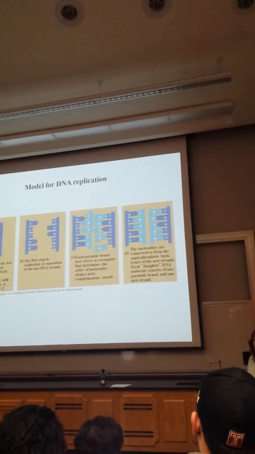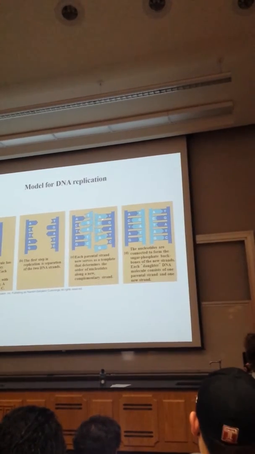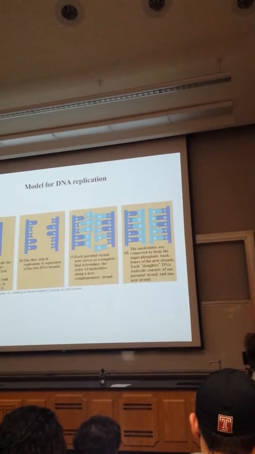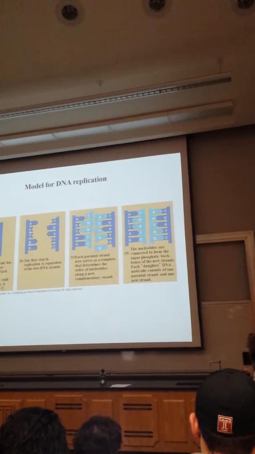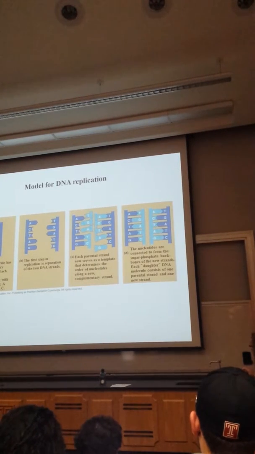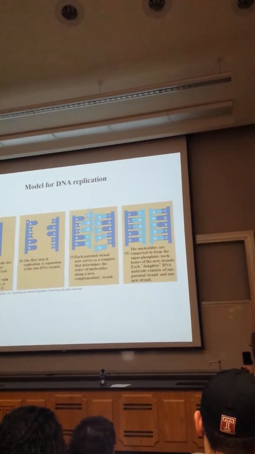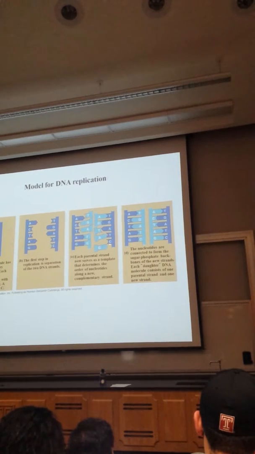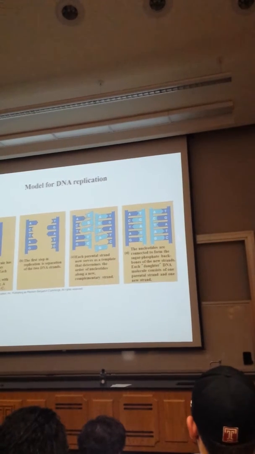And then DNA polymerase would come in and put a base across from each base in the template strand. So these parental strands, the parental DNA molecule, would be considered DNA templates, and the polymerase would put the appropriate base across from each base in the template strand to make two new DNA molecules.